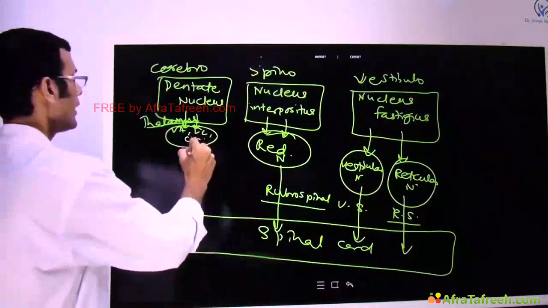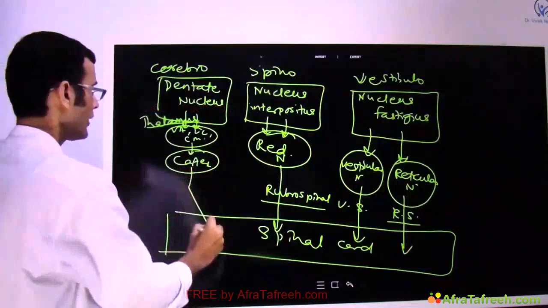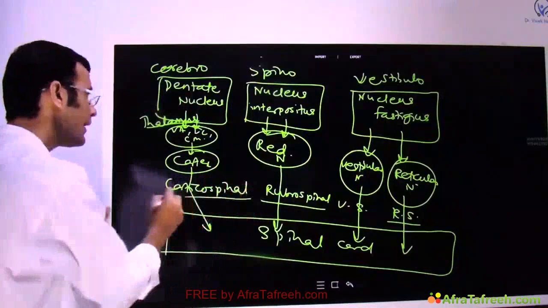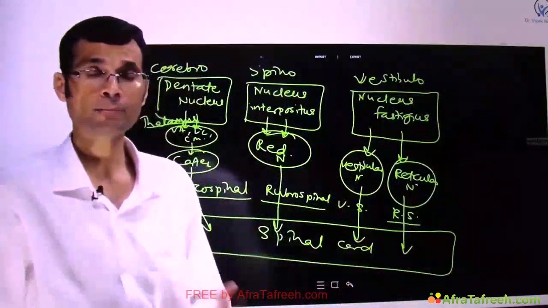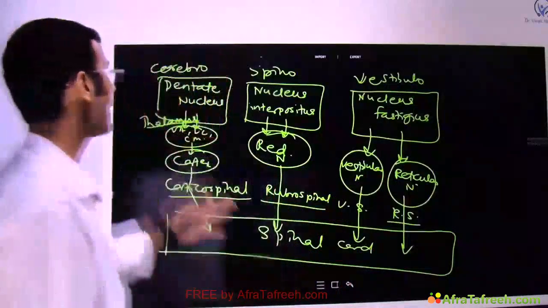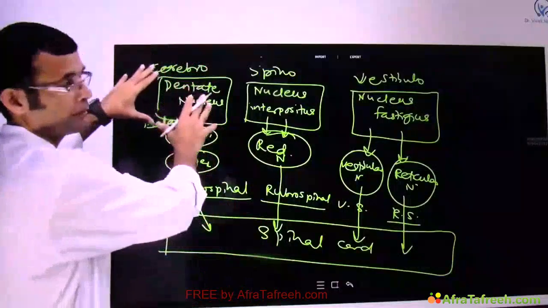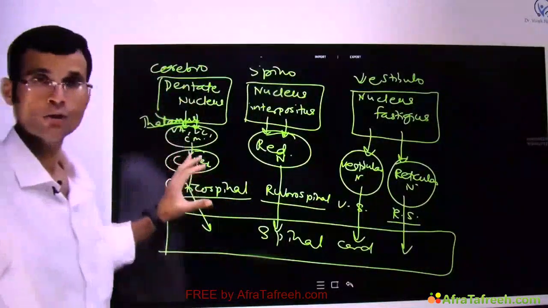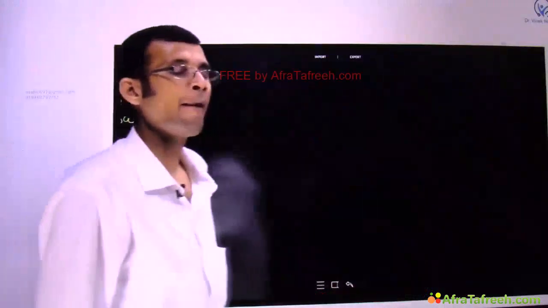Via these nuclei, the fibers will go to the cortex, and from the cortex there is corticospinal tract, which will then initiate the voluntary movement. Command will be executed according to the plan, according to the sequence which was provided by the neocerebellum or cerebrocerebellum. So cerebrocerebellum is controlling corticospinal tract and initiating the movement and giving the sequence of contractions.